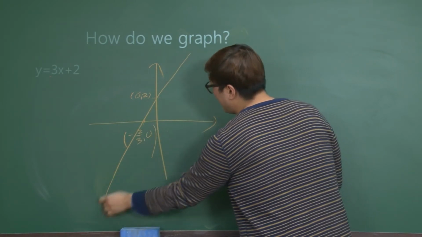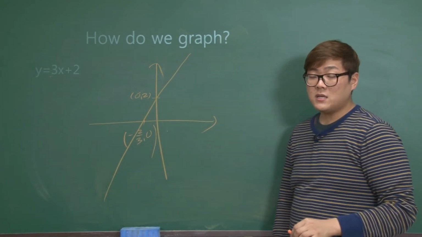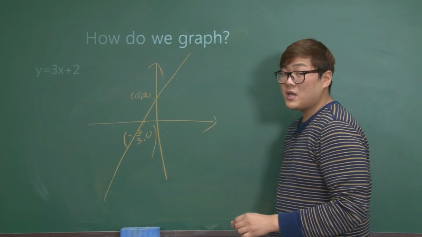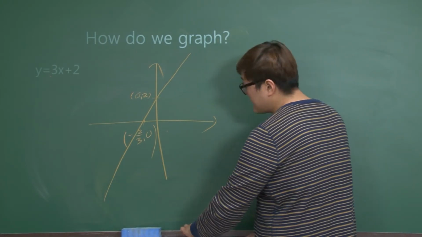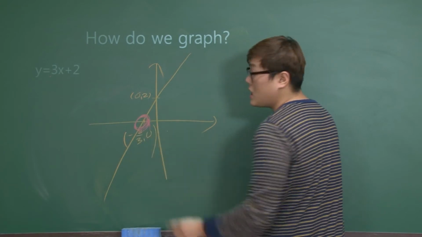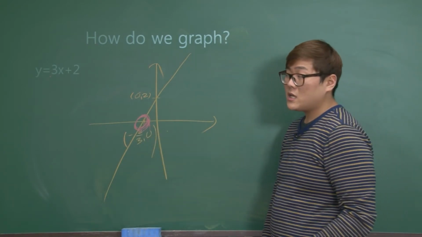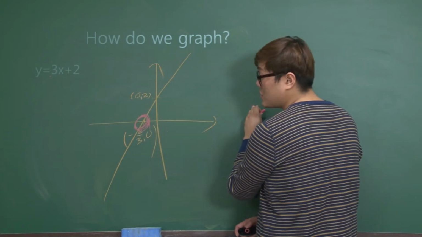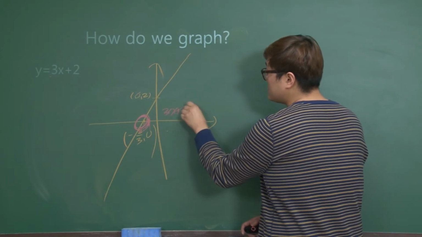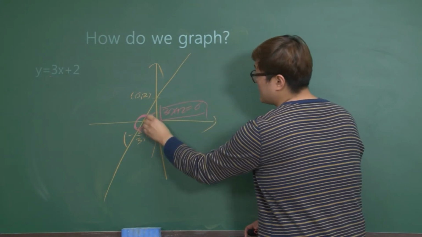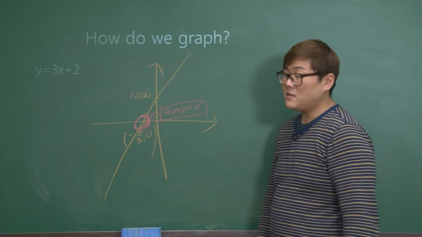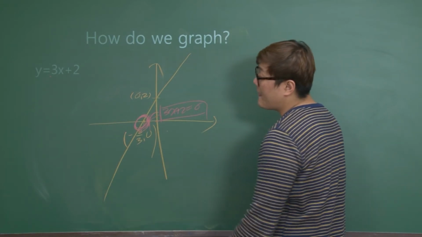So make a line. This is the graph of the linear function, and this is going to be the solution of the linear equation 3x plus 2 equals 0.